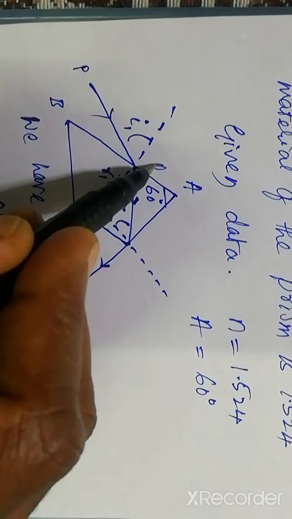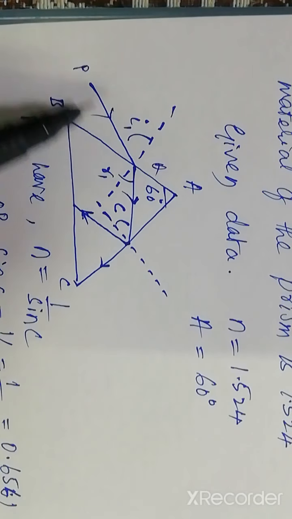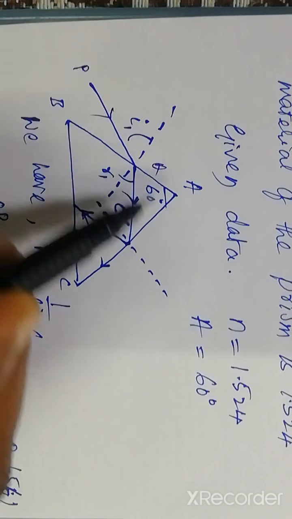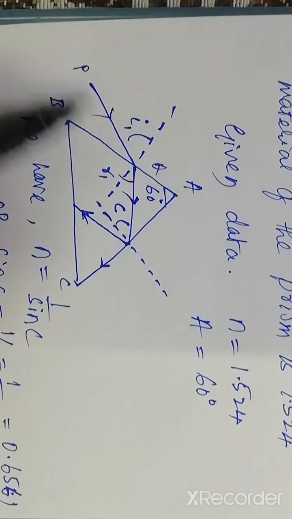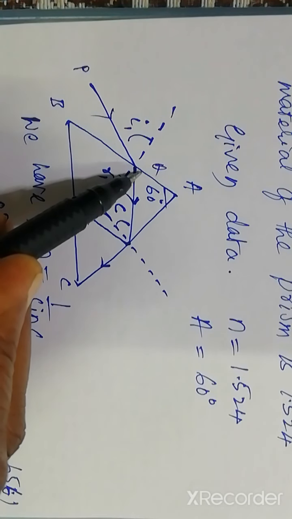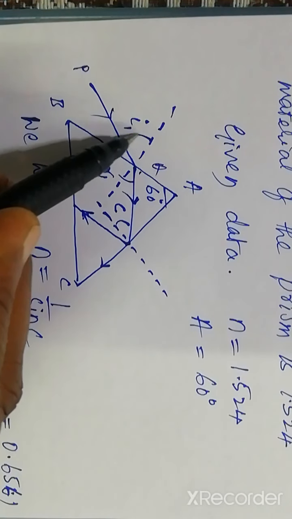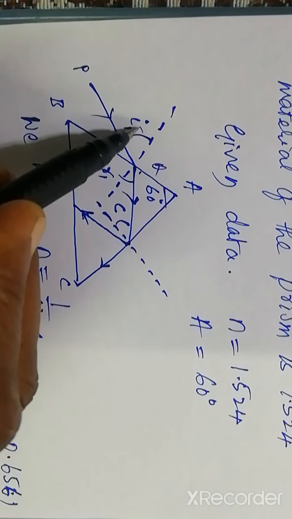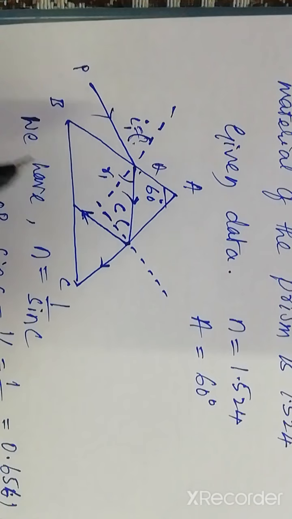Here PQ is an incident ray. At what angle should a ray of light PQ make with the normal at the face AB, that is this angle I1, which you are supposed to calculate.